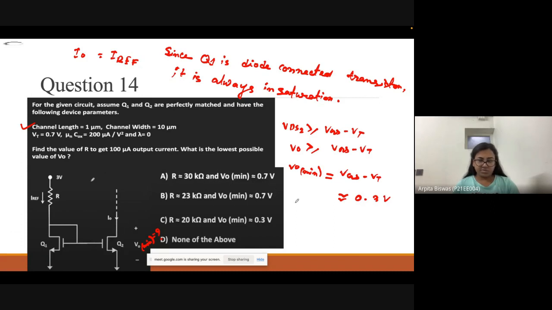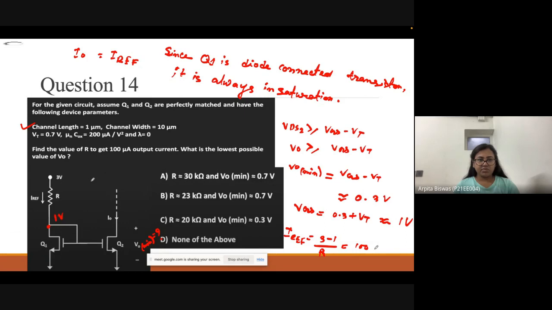Then we have to find out the VGS value. So VGS equal to 0.3 plus VT, and it is almost 1 volt. Okay, so VGS equal to 1 volt from this side. VGS equal to VDS, so this is 1 volt and here 3 volt. So the value of R we have to find out. So I reference equal to 3 minus 1 by R equal to 100, right?